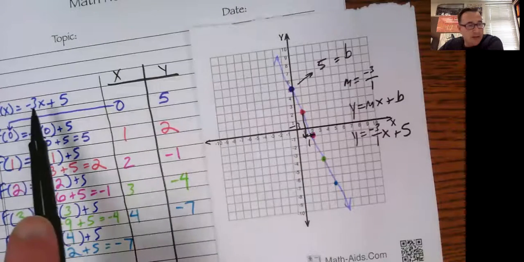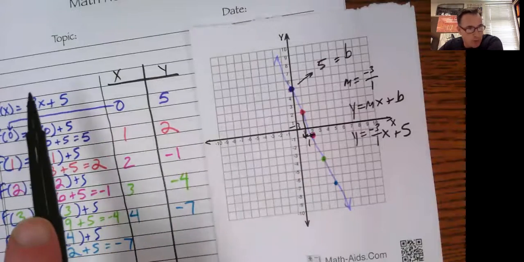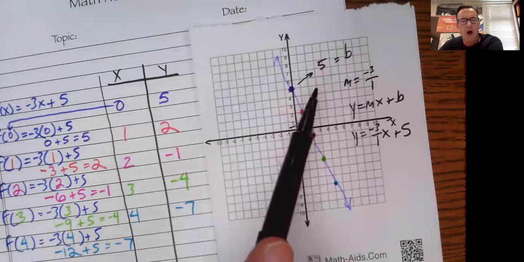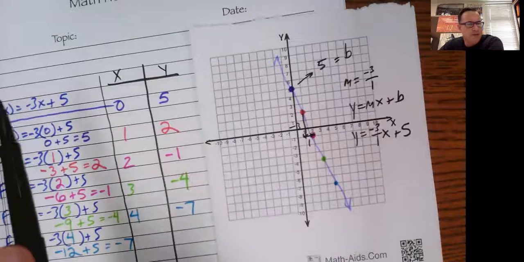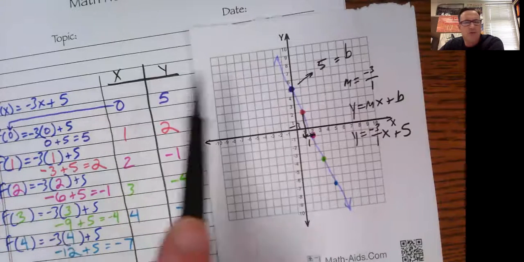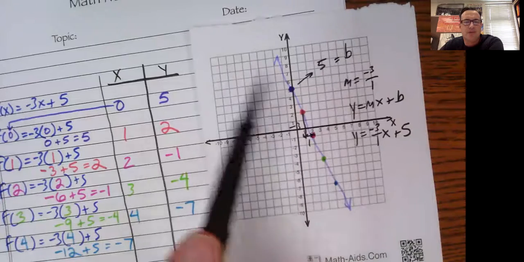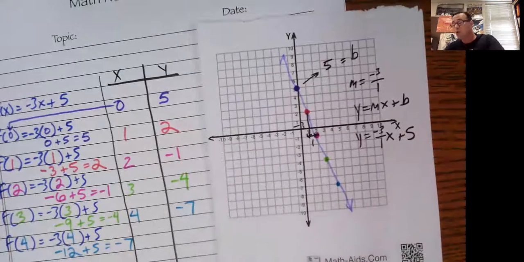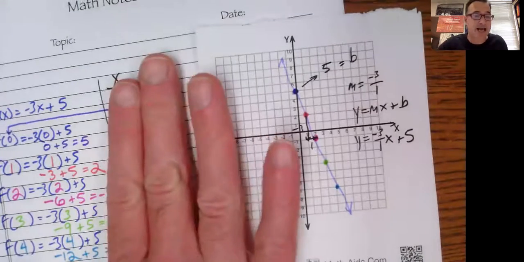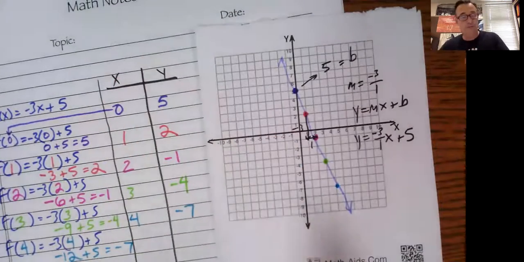When we know that it looks like a line equation, we can jump to this and say, oh, well, if I've got negative 3x plus 5, then I already know the y-intercept is 5. I know the slope is negative 3 over 1, so I can graph it. So what this lets you do is sometimes you can skip the table to get to the graph.